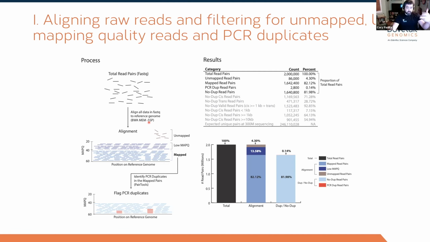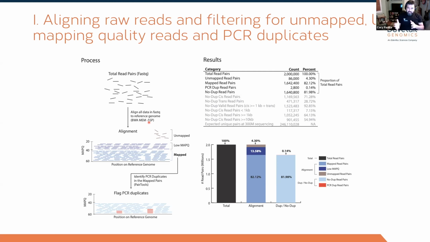When BWA sees a chimeric event, or in our case, when it starts reading either the bridge or a part of the genome that's too far away from the molecule, it stops and clips, treats that as a single end read, and then takes the other part of the read and starts aligning from the 3' end as a supplementary alignment, right? And then at the end of that, it merges that into one BAM file.